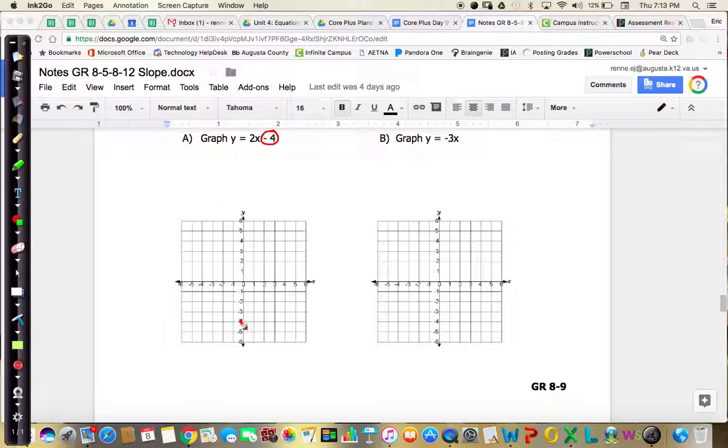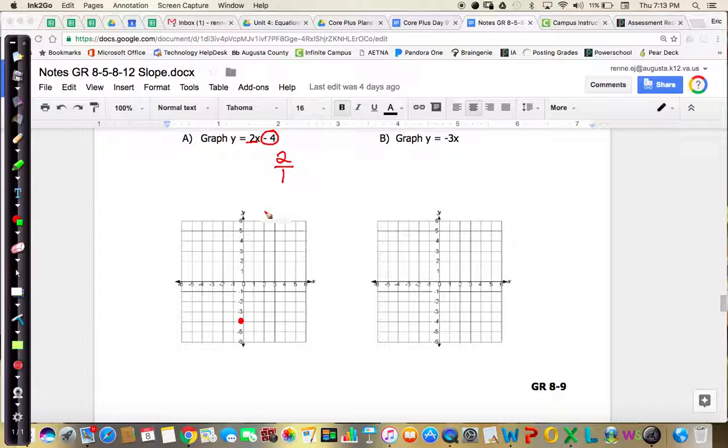So we're going to mark the y-axis right here. Okay, now I'm going to identify the slope as 2. However, 2 is an integer, so we have to write it as a fraction. And what number can we put underneath 2 to turn it into an equivalent fraction? That's correct, 1. So now we got a rise of 2 and a run of 1.